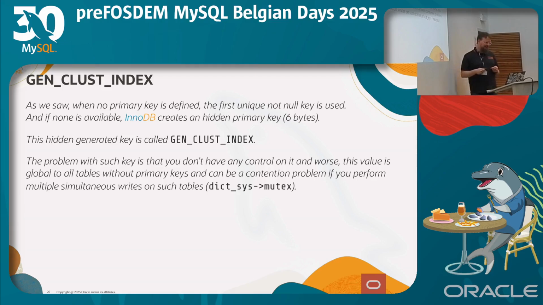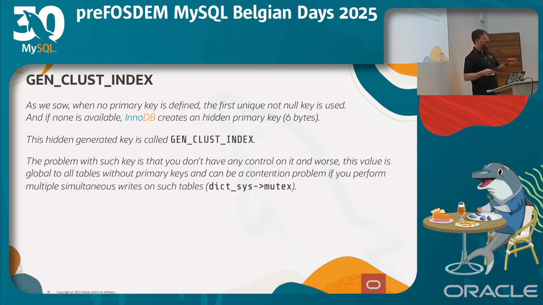The thing is that this index is global for every table without a primary key. So if you have one table without a primary key, well, it's okay. You do an insert, you ask there. I don't use replication, so I don't really care. But now let's say you have 1,000 tables without a primary key, and you write in the 1,000 tables at the same time.